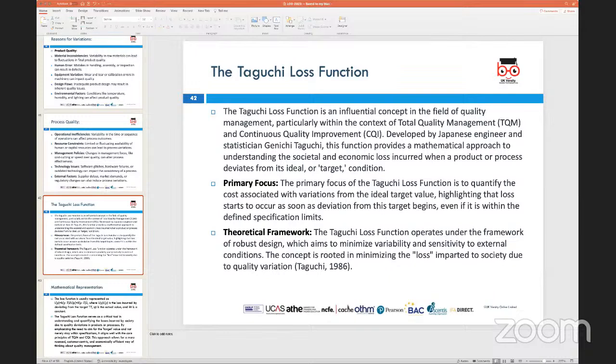In other words, if a product or process moves away from the desired specifications, there is a cost associated with it, because it creates defects in quality as the products are shipped out from the plant.